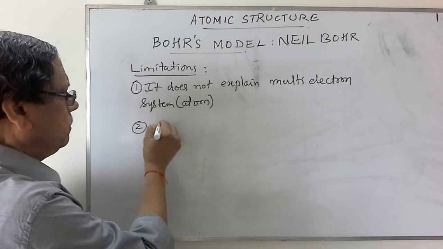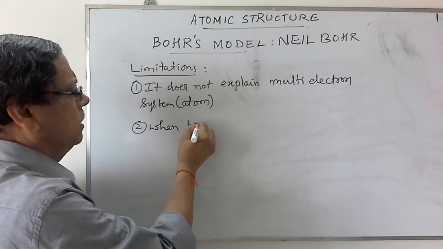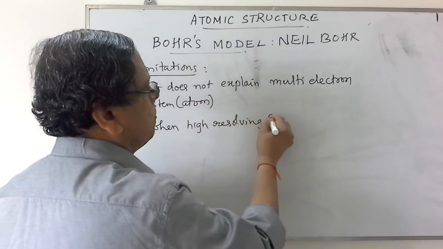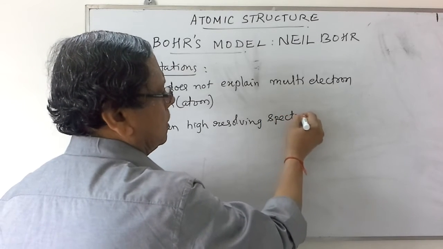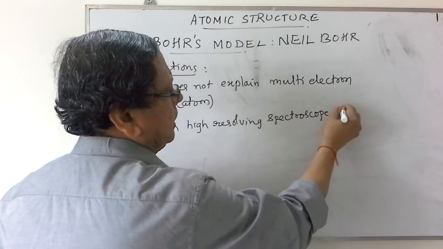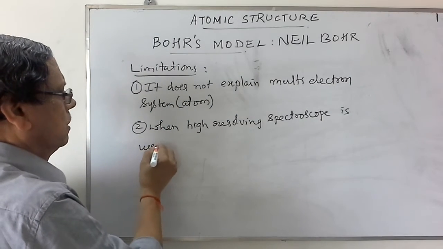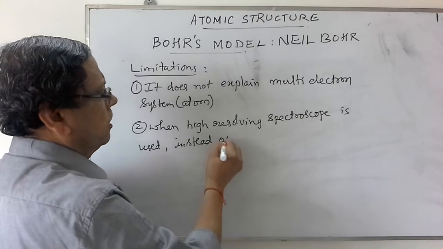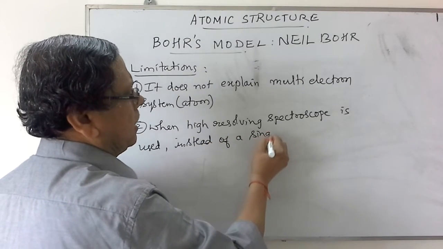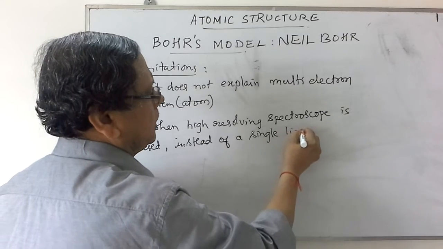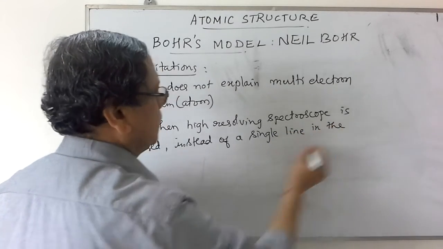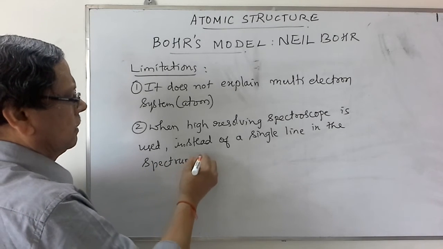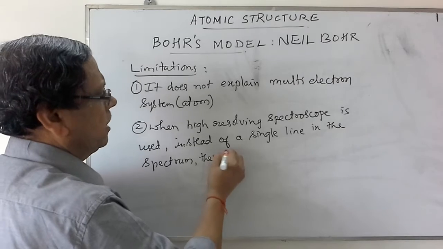When a high resolving spectroscope is used, instead of a single line in the spectrum, there is a group of lines.